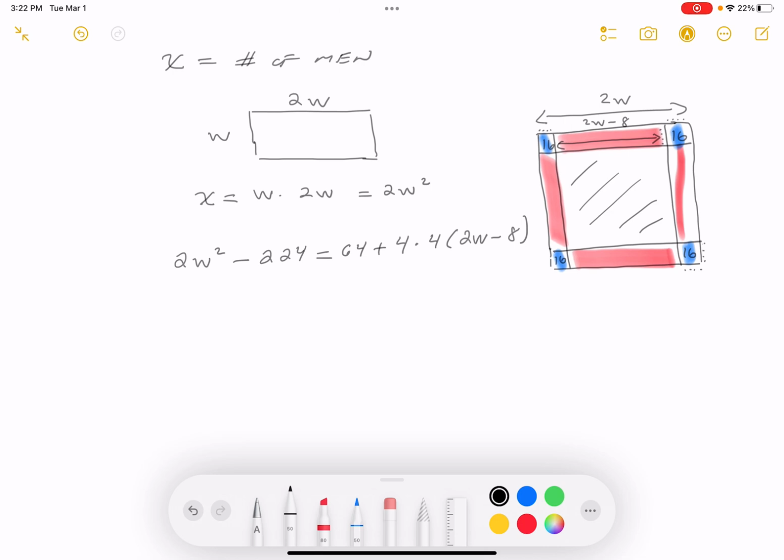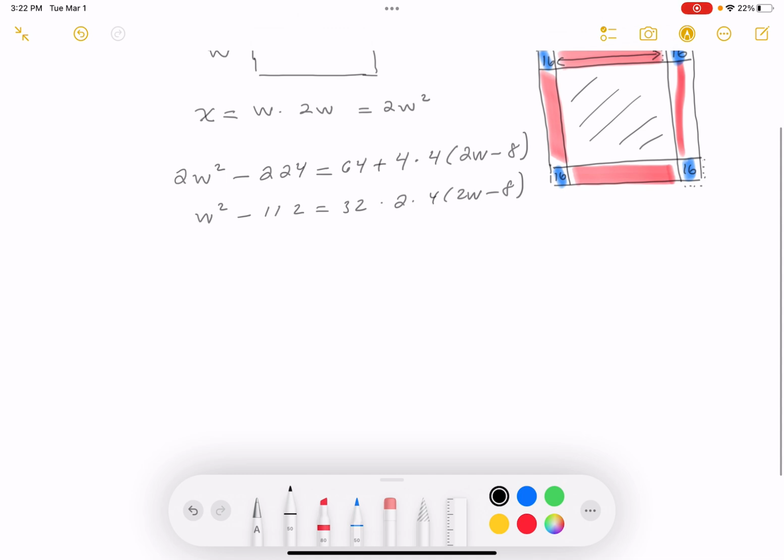Now I'm going to divide both sides by 2 first, just to make my life a little easier. You get W squared minus 112, equals 32, 2 times 4, 2W minus 8. Let's keep moving forward. Let's see, that's a plus sign, sorry about that: 32 plus 2 times 4 is 8, 16W, and then 64.